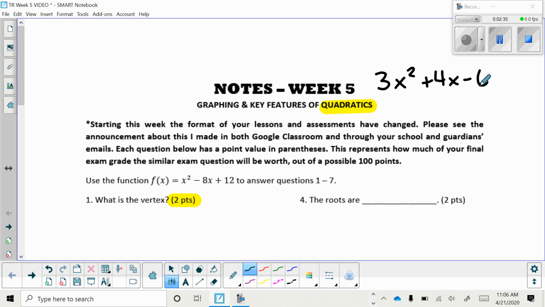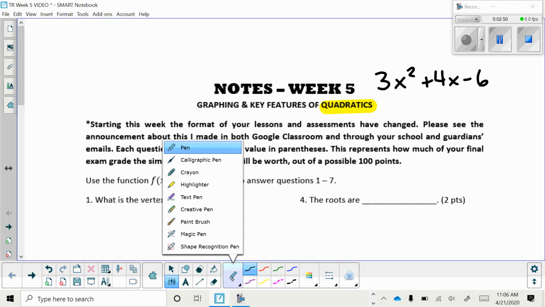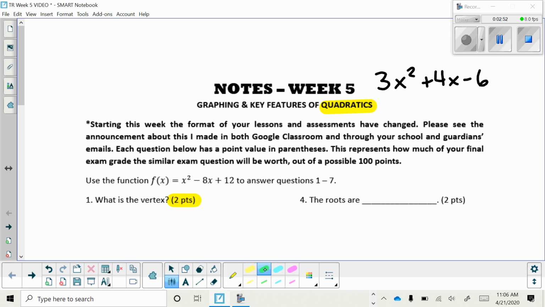That's a quadratic because if you look at the x variables and you find the biggest exponent on the x variables, it's a 2. So we call that a quadratic. And what we're going to be talking about today about quadratics is 2 things. The first is graphing them, and the other is key features. Key features are just important parts of the graphs.